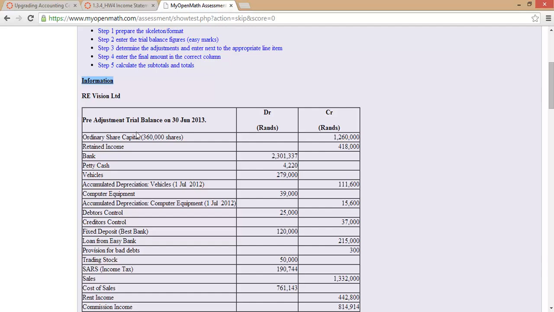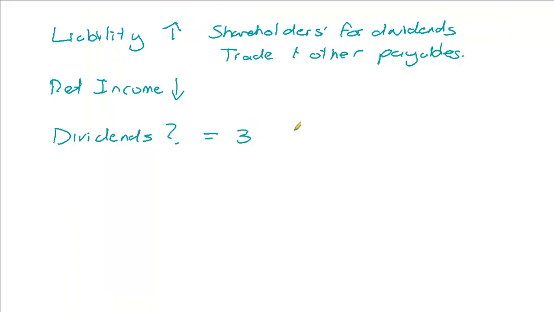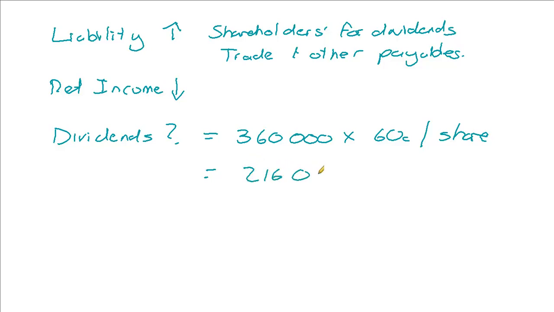If you look on your trial balance, you see that there's 360,000 shares in issue. So the dividends is going to be 360,000 shares times the 60 cents per share, and that is going to give me 216,000, and that is the dividends that is going to increase my liability because we've not yet paid this dividends, and decrease my retained income.